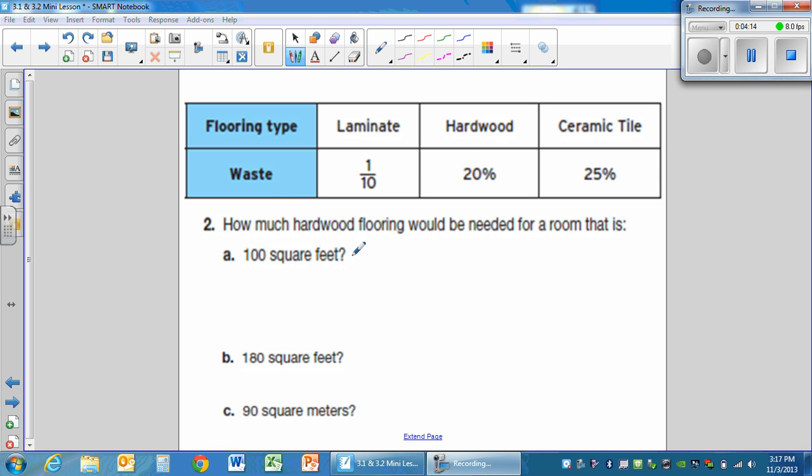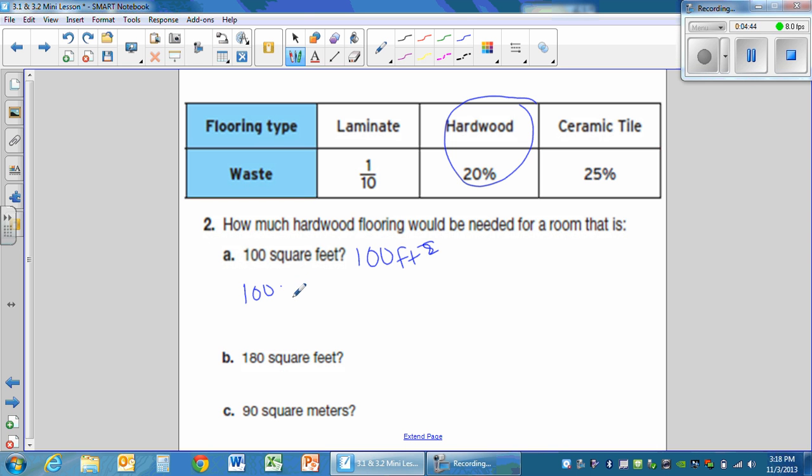Well, we're going to use the same process that we did in number 1, except this time we're looking at hardwood floors with a waste of 20%. So again, we're going to need the 100 square feet, and then we're going to need to find out what 20% waste is of the 100. So 20% of, again, means multiply, and we're going to change the percent to either a decimal or a fraction.